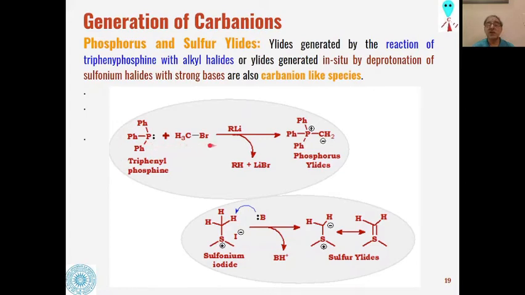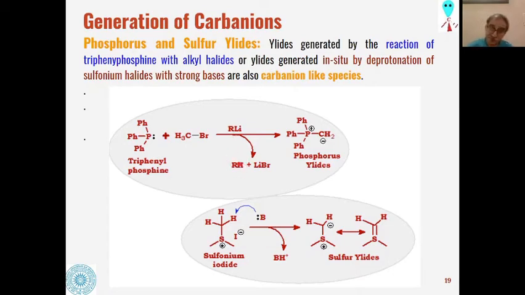So this alkyl halide will react with triphenyl phosphine. CH2 from here will add to the triphenyl phosphine. Br from here will react with the lithium, lithium bromide will be formed, and one hydrogen will react with R, and an alkane will be formed.